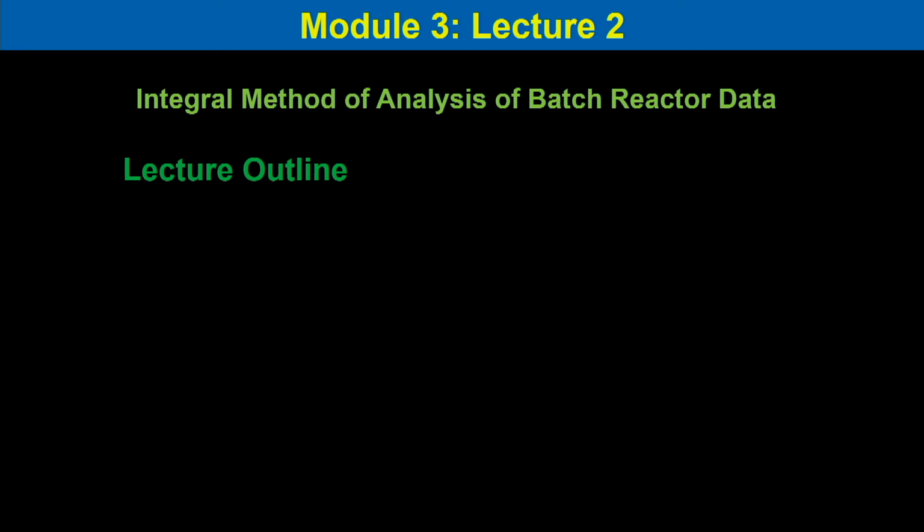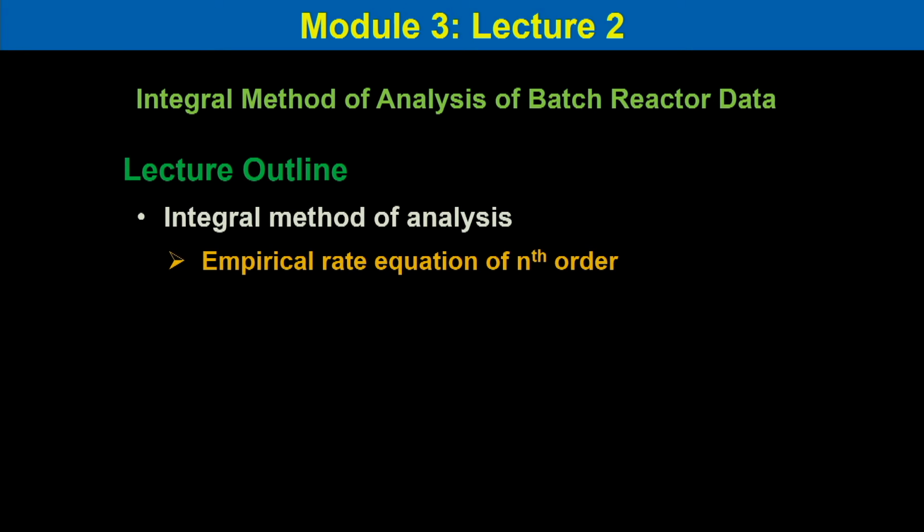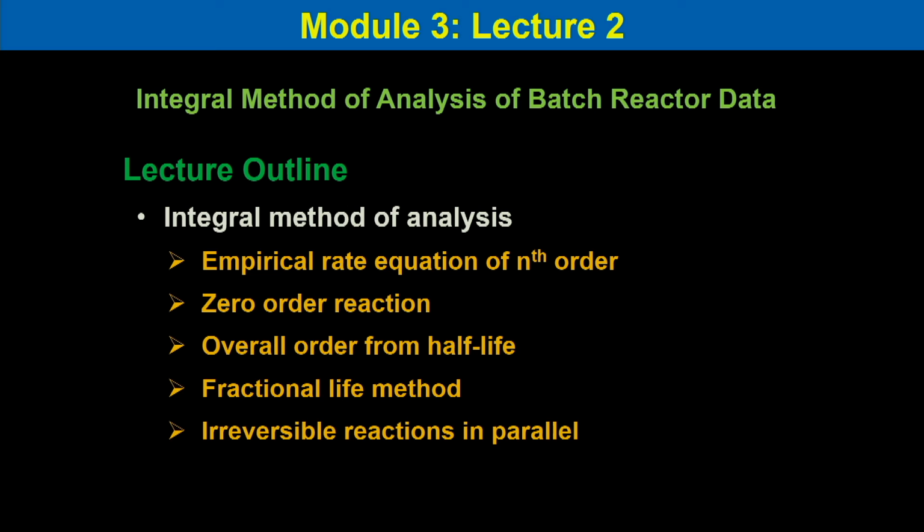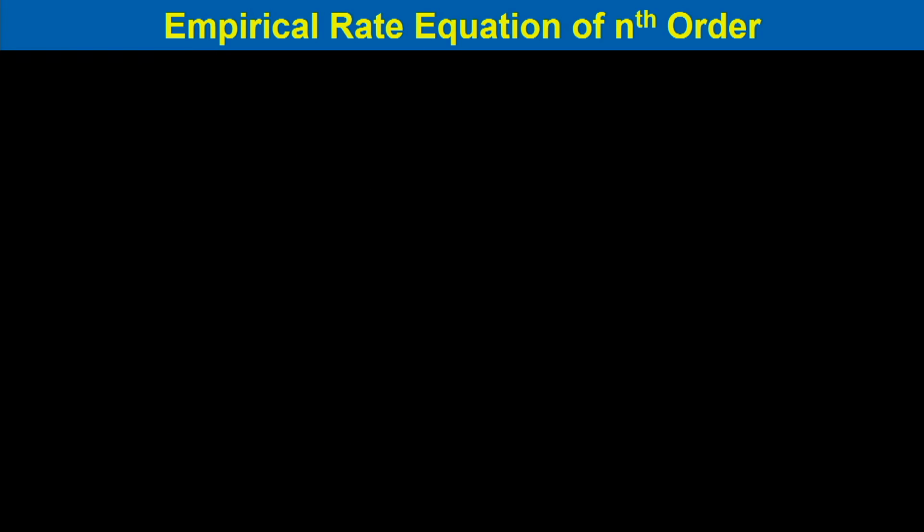The brief outline of this lecture is integral method of analysis, under which we will consider empirical rate equations of nth order, then 0 order reactions, overall order of the reactions from half life, then fractional life method to obtain the kinetic equations, and we will also consider irreversible reactions in parallel. So, parallel irreversible reactions. Let us start with empirical rate equations of nth order.